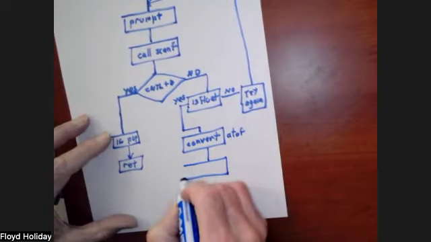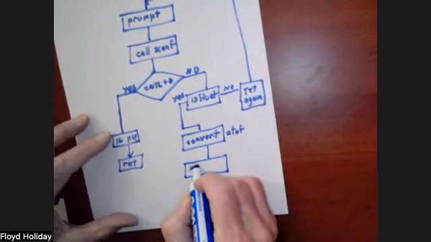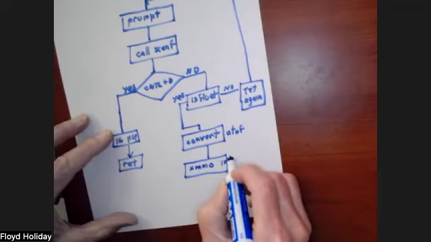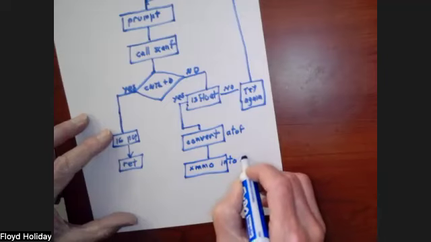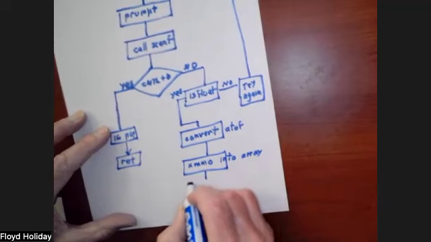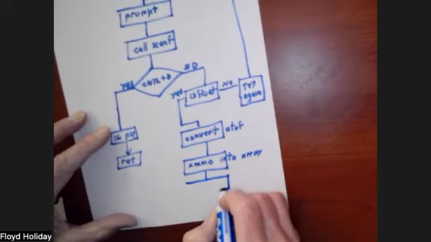So you put XMM0 into the array and increment the index.